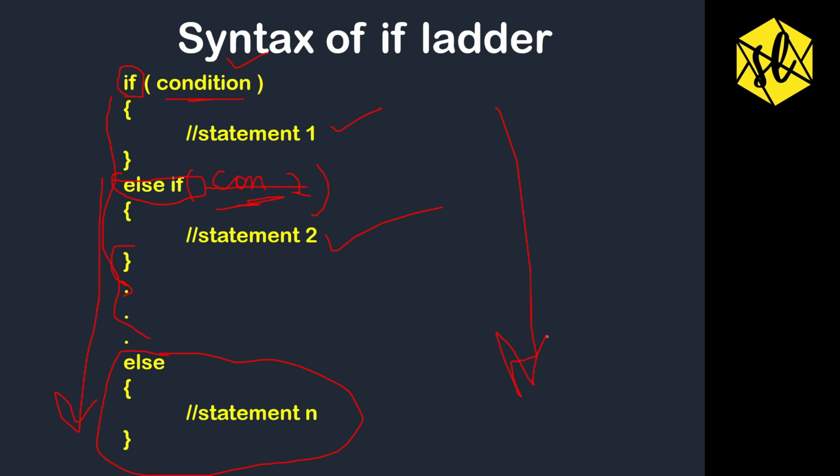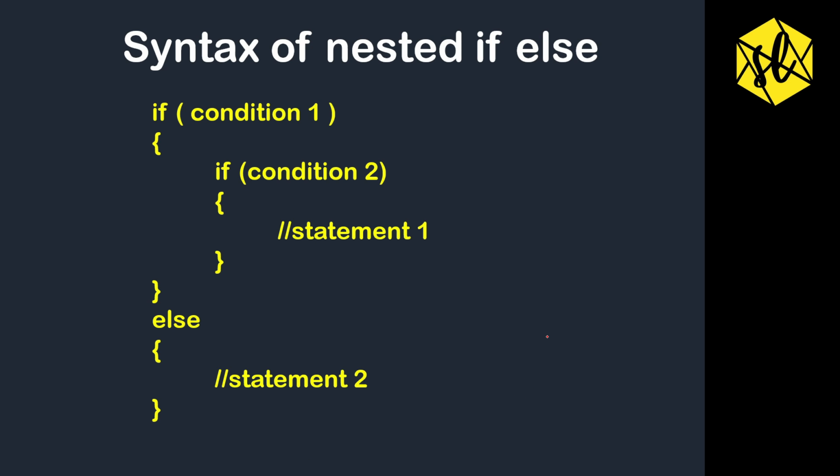Now let's see if else of nested type. So basically, what does the word nested mean? Nested means one inside another. Let's say we have one box, and there is another box inside it.